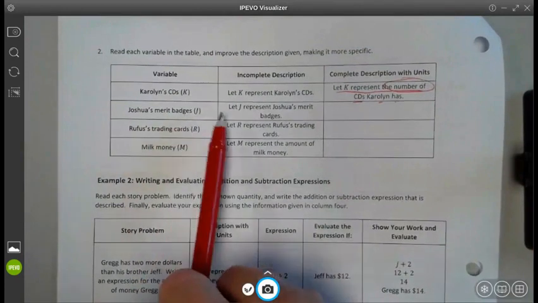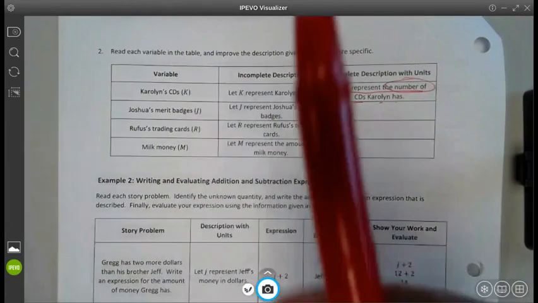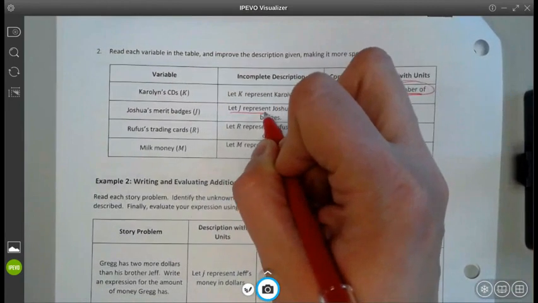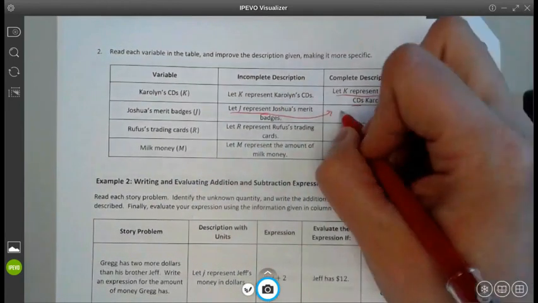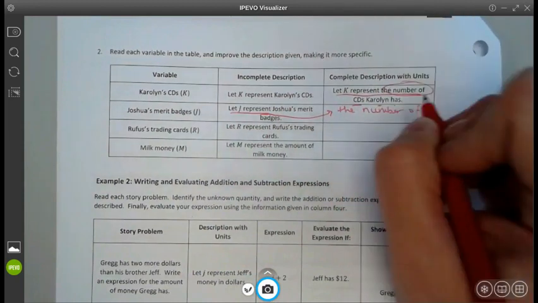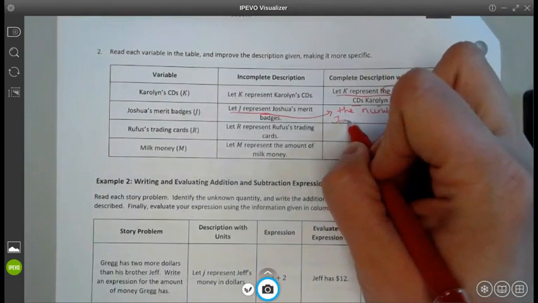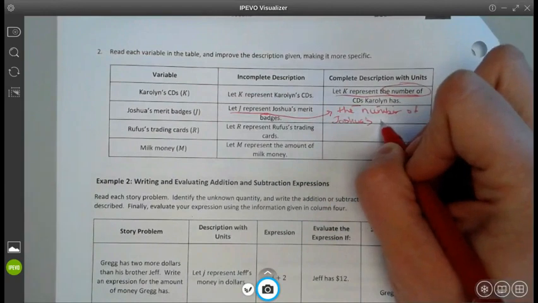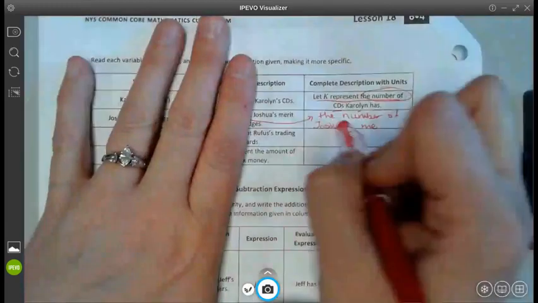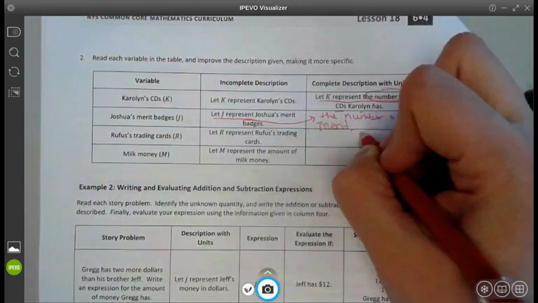Joshua's merit badges. Let J represent Joshua's merit badges. How can we improve upon that? Well, I'm going to keep this part and add: let J represent the number of merit badges Joshua has earned.